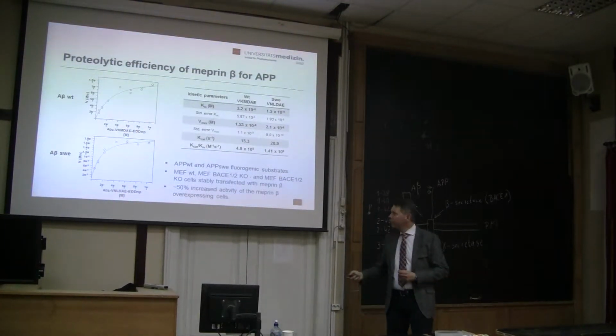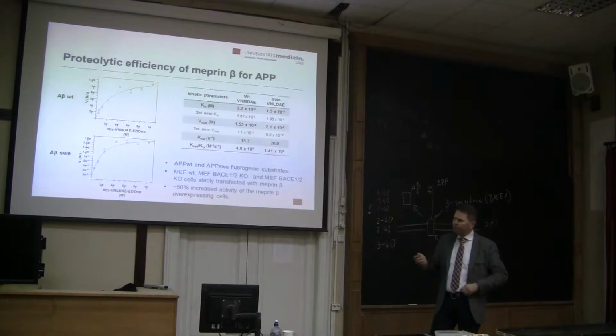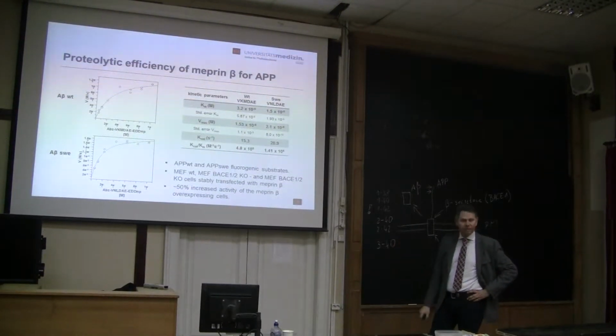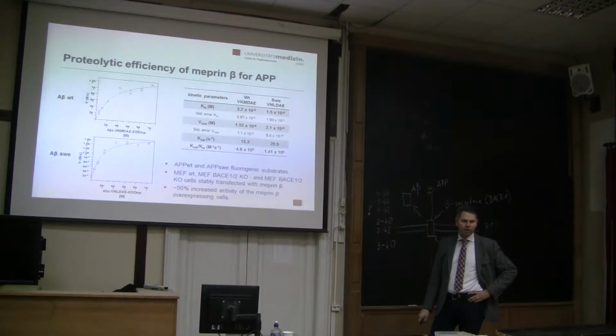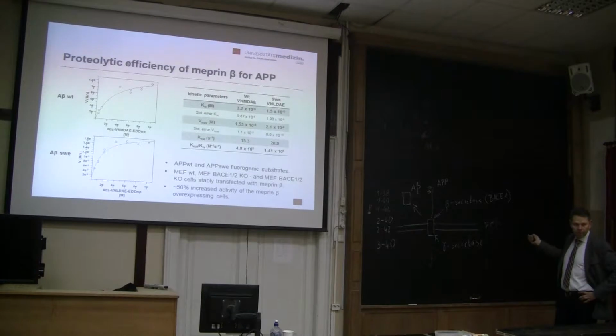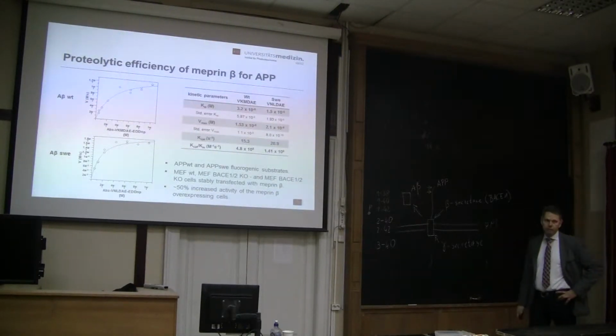And it turns out that meprin beta is cleaving these short peptides that we use with the Aβ sequence much faster and with much higher affinity than BACE does. So meprin can cleave Aβ, at least in a tissue culture tube.